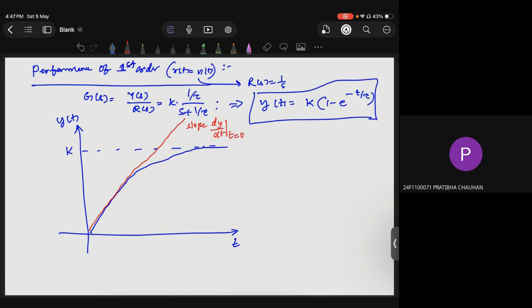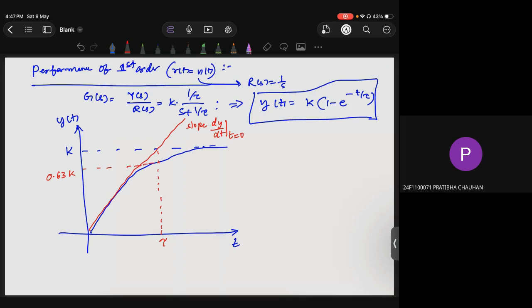Wherever the tangent intersects the final value, we take that as tau, and at tau the response is 0.63 k. So the time constant is tau.